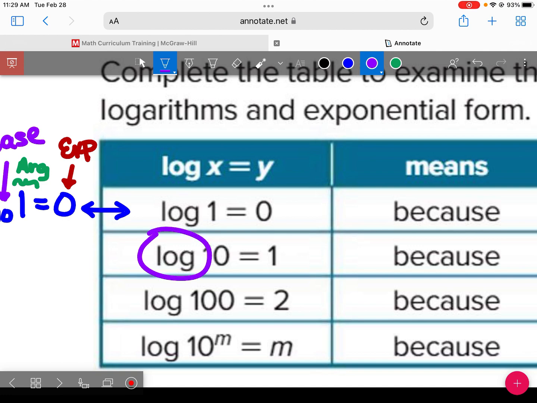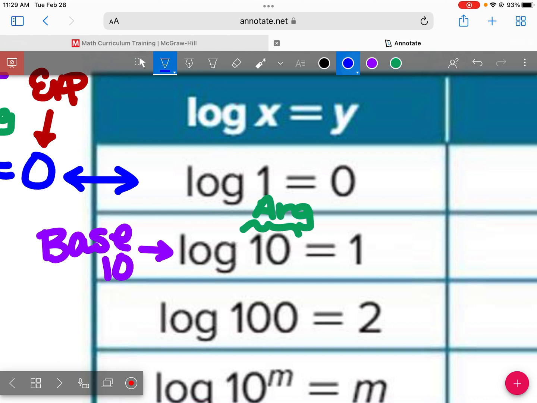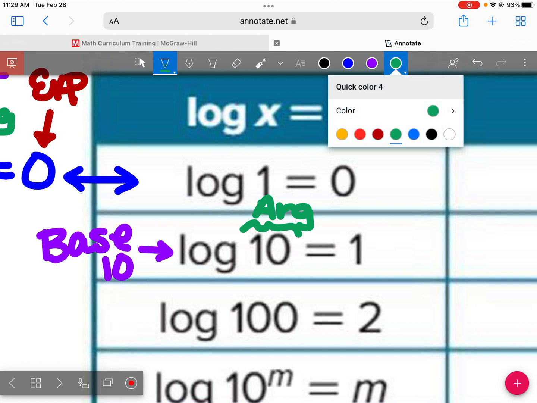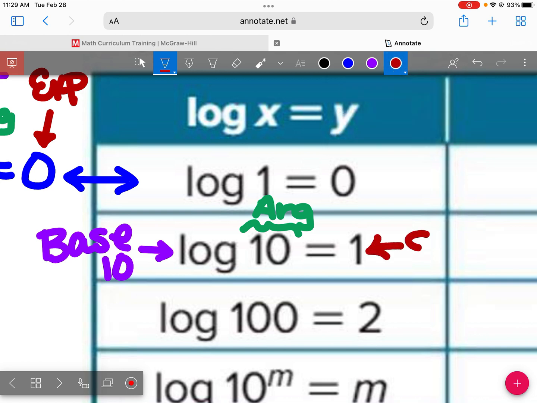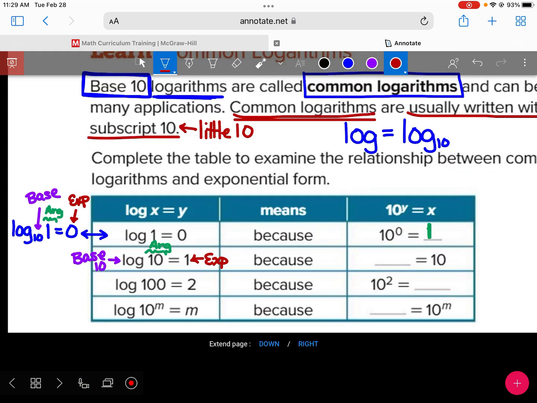What's the base on this again? Base 10. Here's the argument now. And here's the exponent. The argument on this one is 10. But the base is also 10, right?